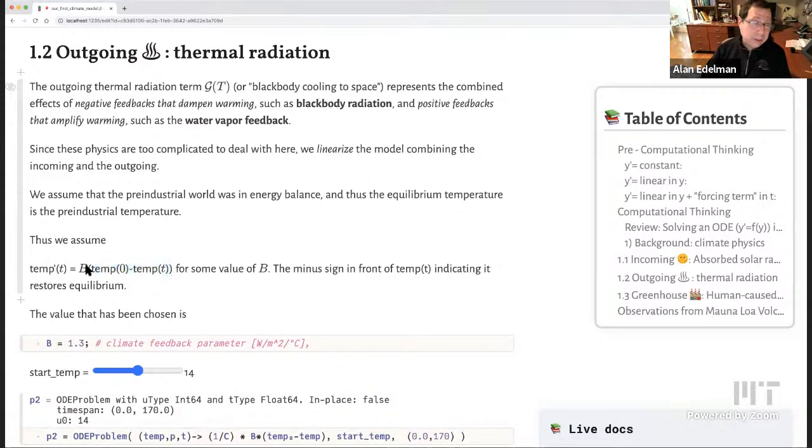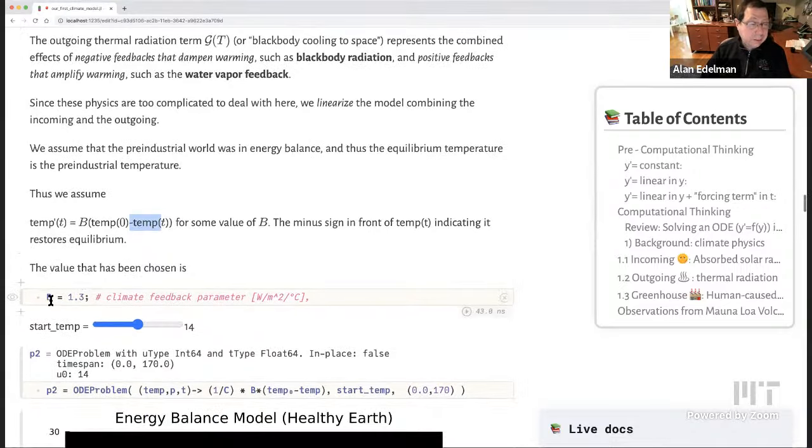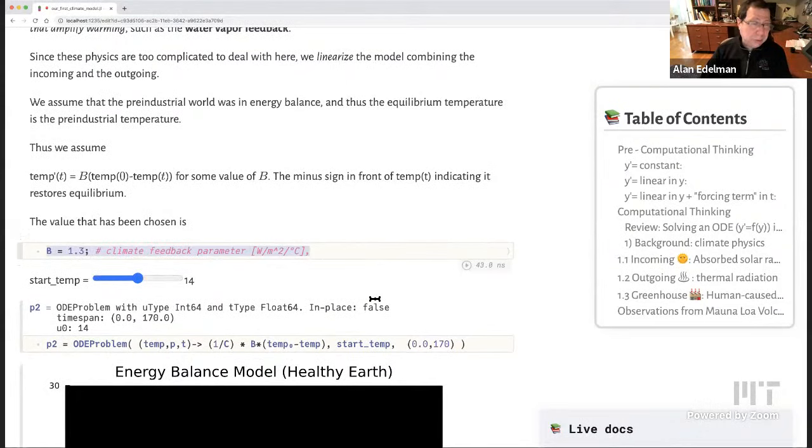So now I'm going to say that the combined effect is going to be B times temperature of 0 minus temperature of T for some value of B. Okay, and the minus sign indicates it will restore equilibrium. And the value that people choose based on fitting data, we'll see a little bit of that later, is 1.3. Again, right now I'm taking this out of the air.